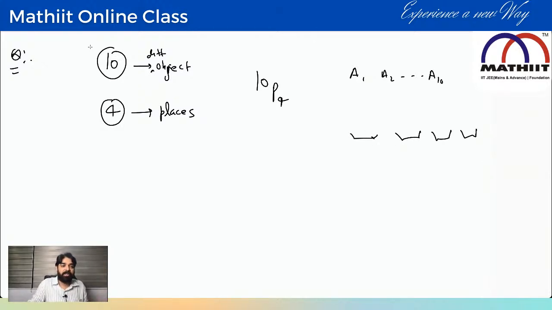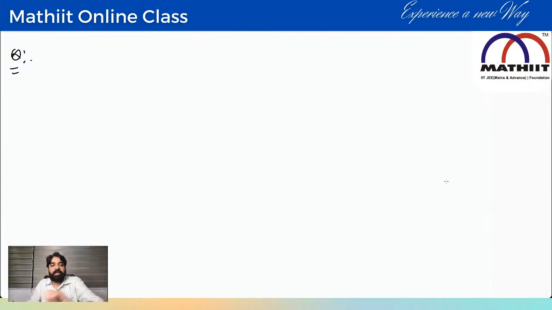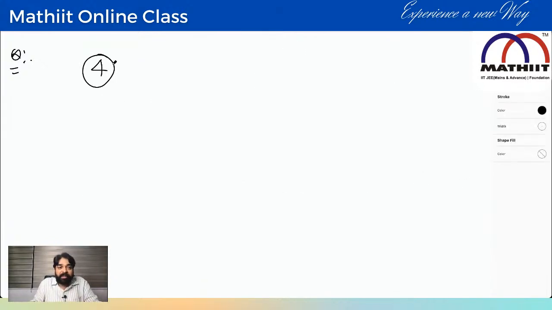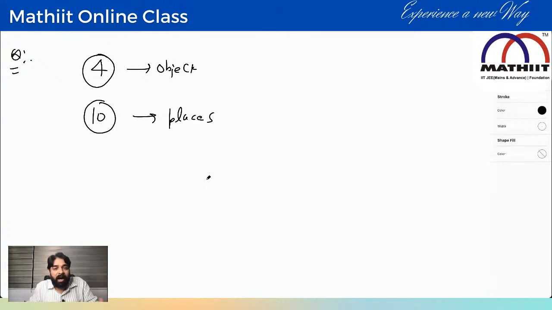Now, changing the question. This time, 4 objects are there and 10 places are there. In how many ways can I arrange four different objects into 10 places? Did you understand my question?